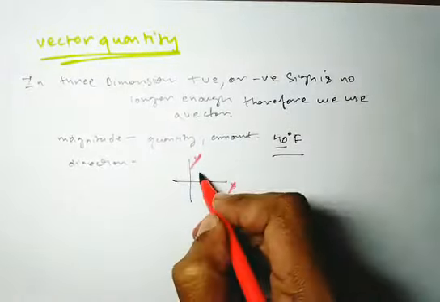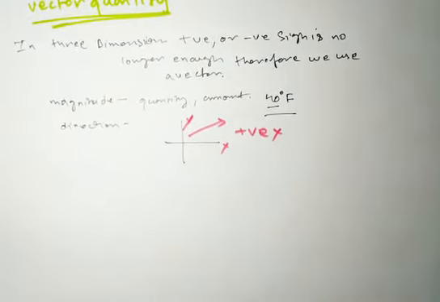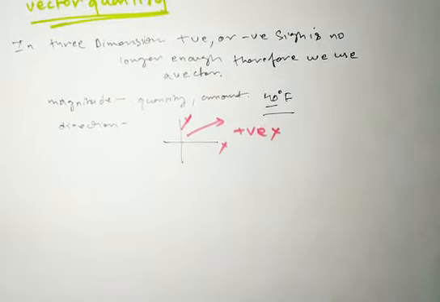So if a vector is like this, we can say the direction of the vector is on a positive x direction. So you can understand the direction. This is just a common approach of direction.